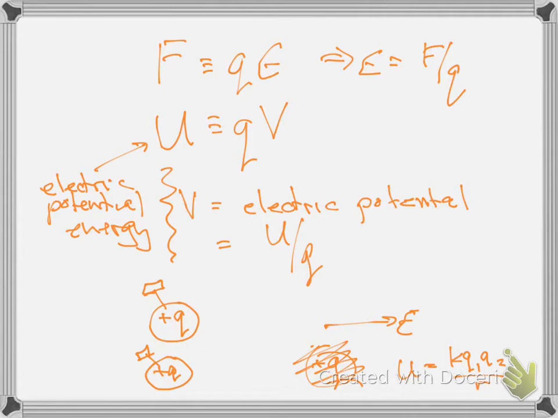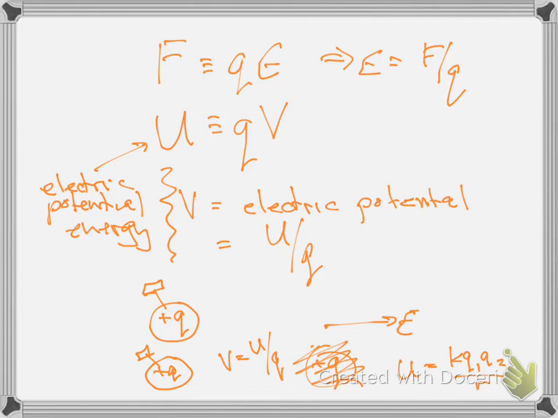There's the potential to give a charge potential energy. We define that potential as V equals U over Q, and that's the potential of a point in space. There is a potential to give a charge potential energy if the charge goes there.